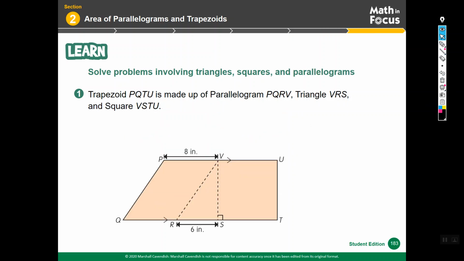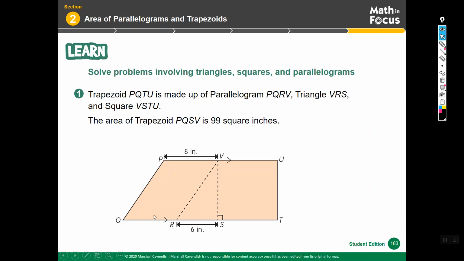Okay, so now here we have a trapezoid, and we have kind of two trapezoids here. We have this big one, right? And they say that it is made up of a parallelogram, which is down here.